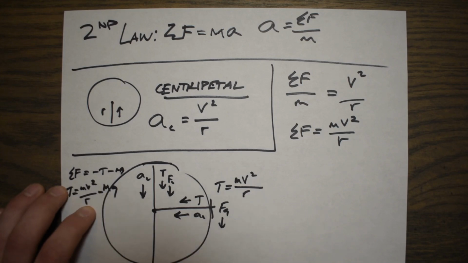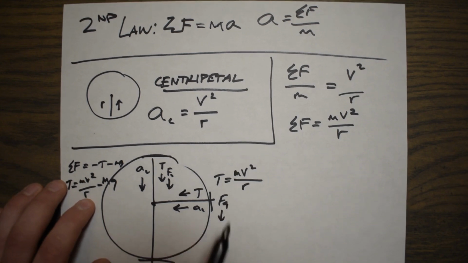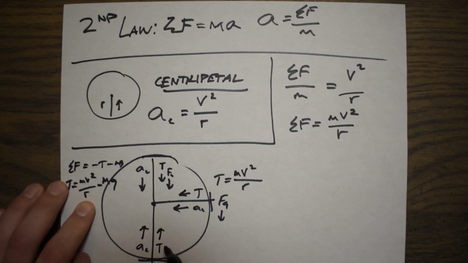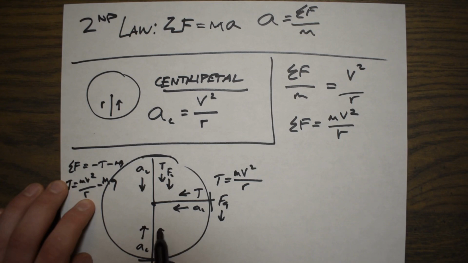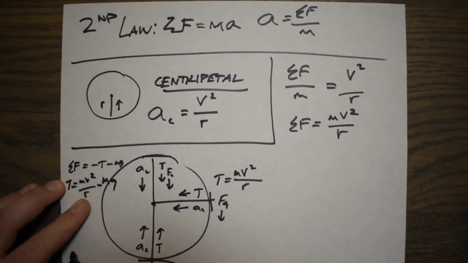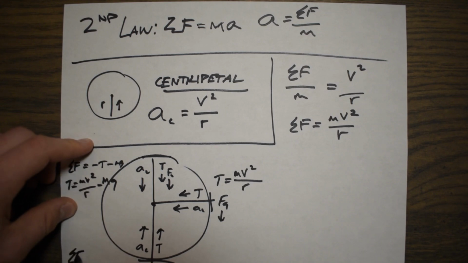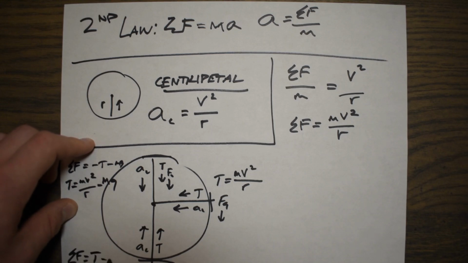And down here is actually the biggest value because we have tension going up, centripetal force going up, and then we have the force of gravity going downwards. But by using Newton's second law, we can see that the force of tension is positive, the centripetal force is positive, so what we end up having is the net force is equal to positive tension, but we have negative mg over here.